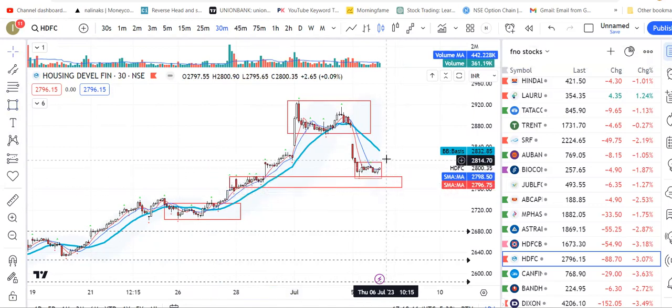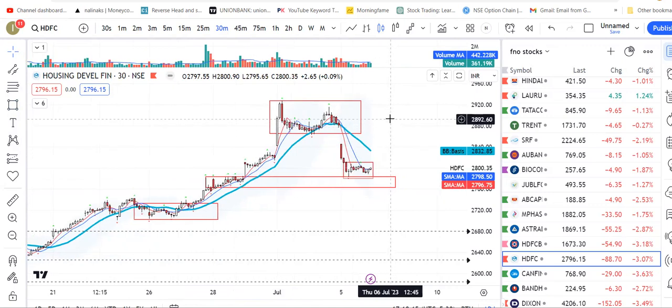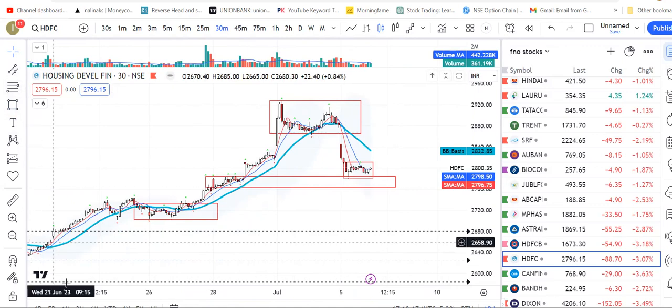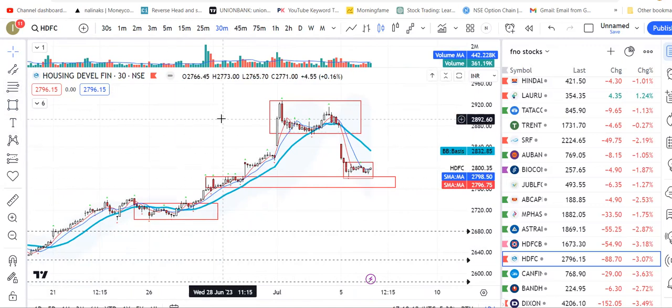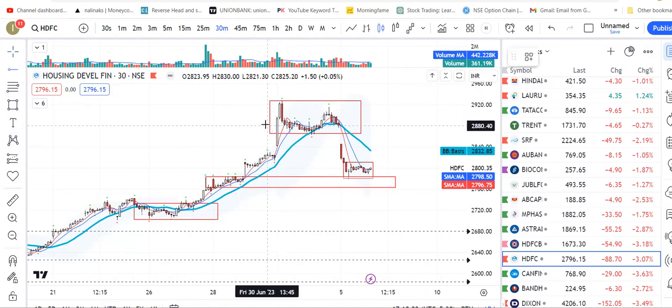Suppose if it starts turning around from here, you can anticipate the move, retracement, pullback back to this.